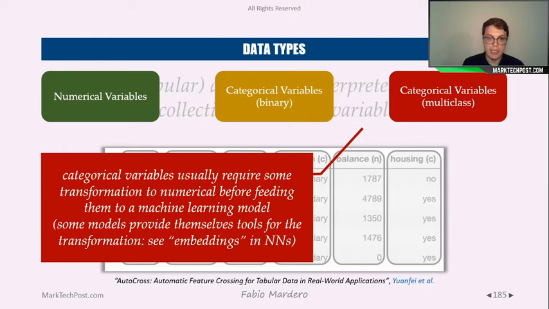Note that some machine learning models do this work by themselves, providing some particular tools. For example, in neural networks, we can use embeddings that transform categorical variables into numerical ones.